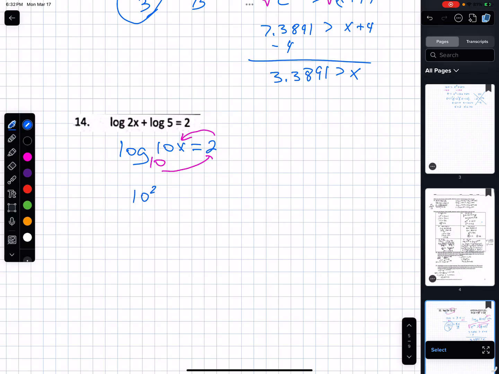So 10 to the second power equals 10x. 10 squared again, right? 100 equals 10x. Wait, why is it 10x? Because when we do 10 to the second power equals 10x, the 2 is right here, and you skip the squared over the 10.